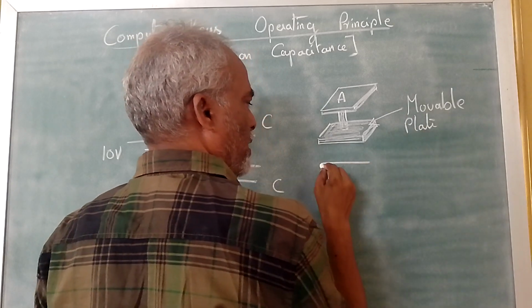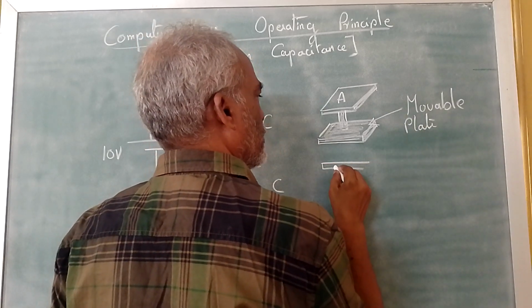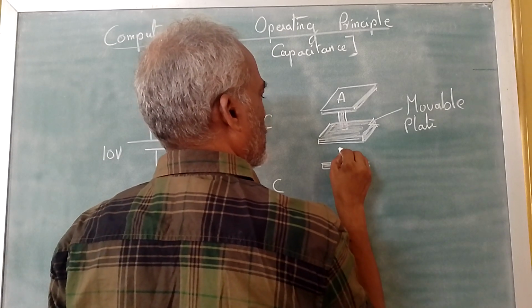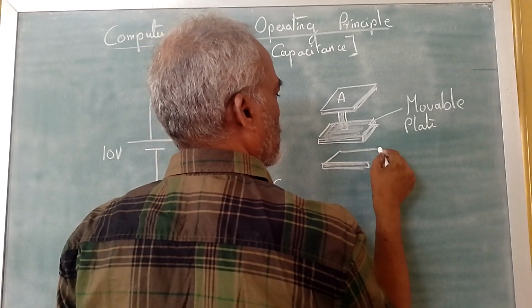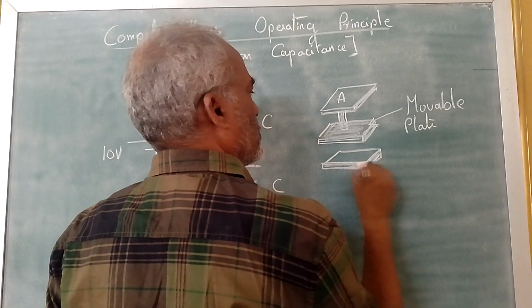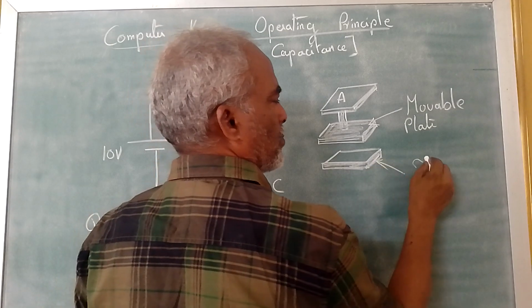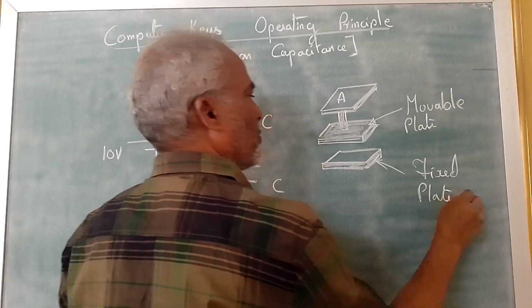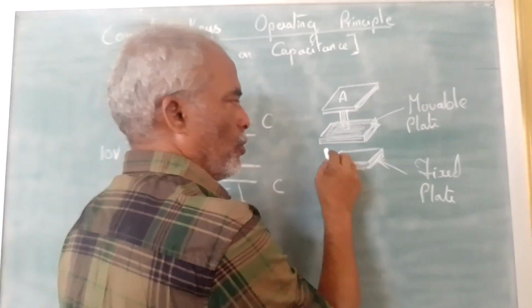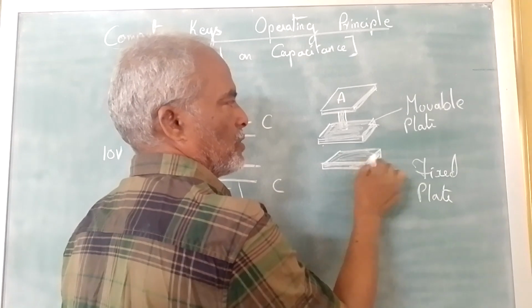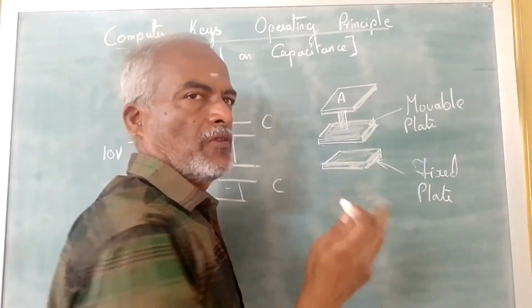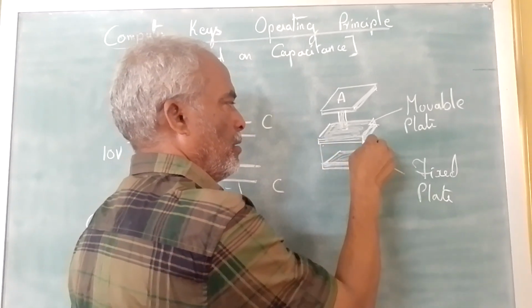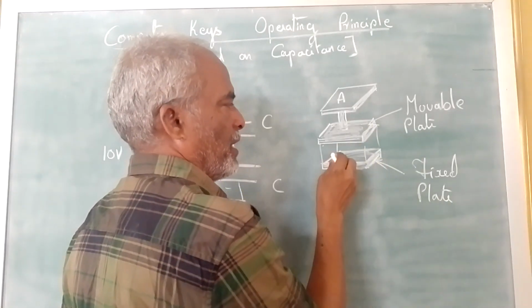And here we have the fixed plate. So in between you have a dielectric. Both are conductive plates, but this one is movable and this is the fixed plate. In between you are having the dielectric.